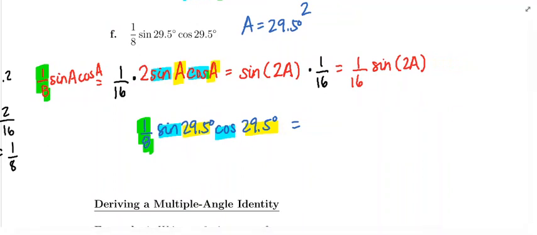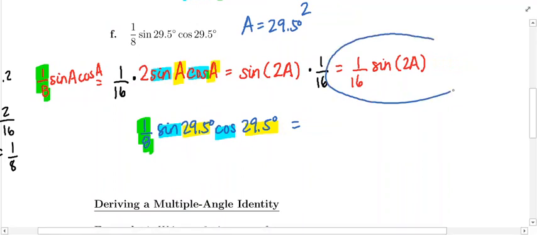We're going to follow the right hand side, what I just circled. So 1/8 times the sine of 29.5 degrees times the cosine of 29.5 degrees is going to be equal to 1/16 times the sine of 2 times a.